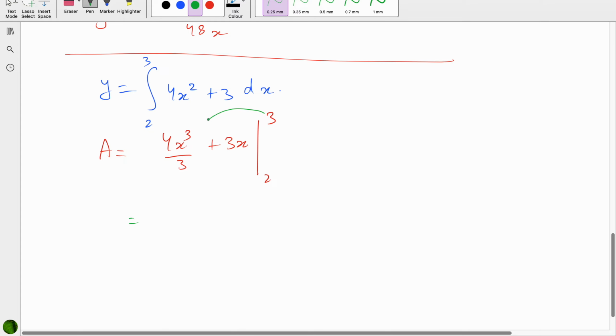Now using a calculator to simplify: 4 into 3 into 3 into 3 by 3 is 36, and 9 on the other end.